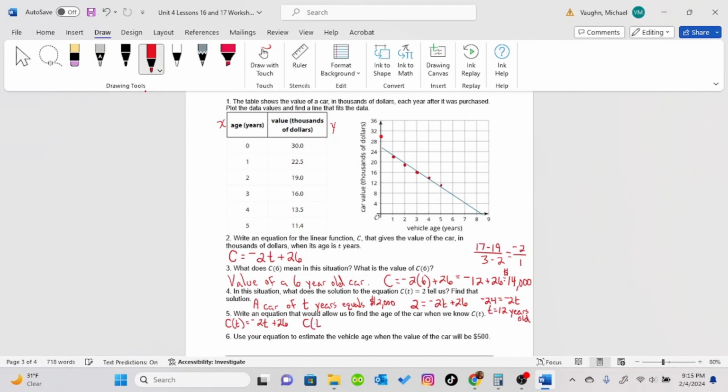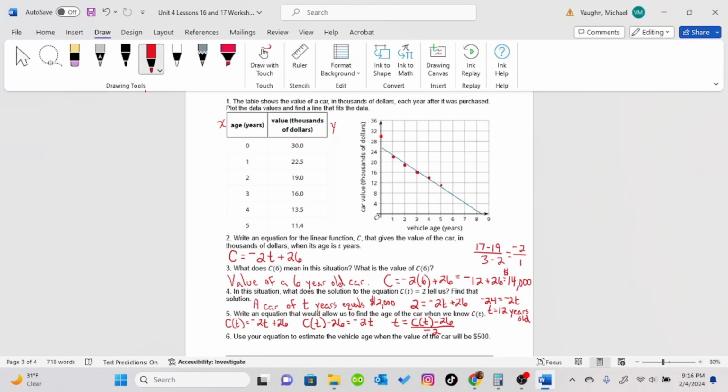So we have c of t minus 26 equals negative 2t. And then we would divide both sides by negative 2. So we end up with t equals c of t minus 26, divided by negative 2. Now we have the inverse function.